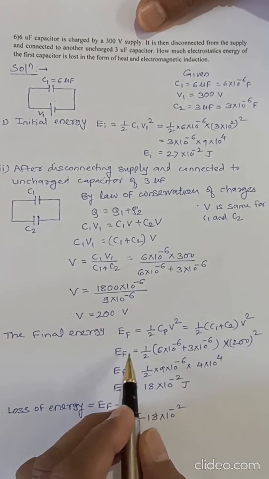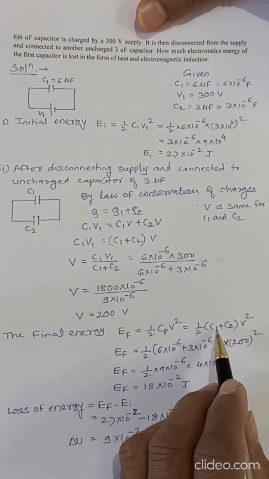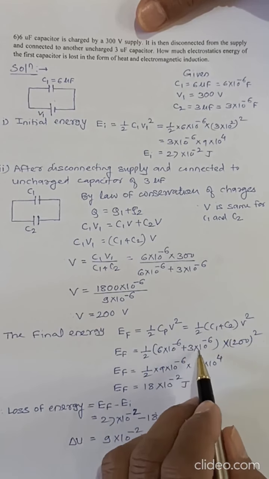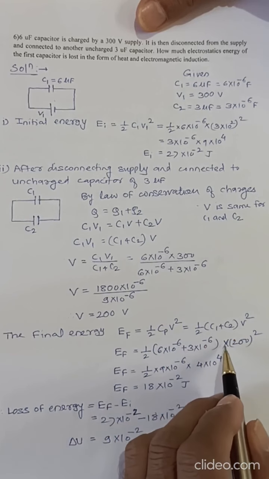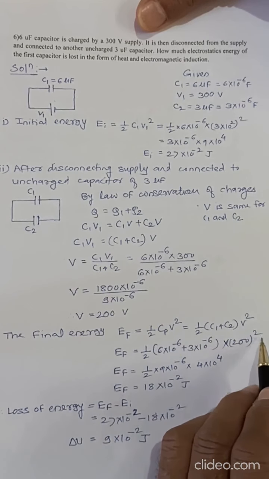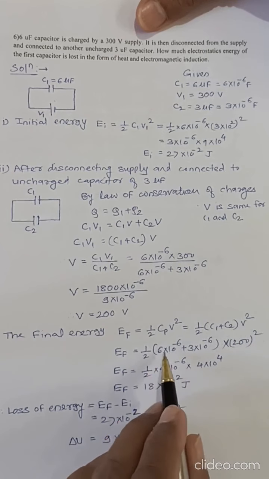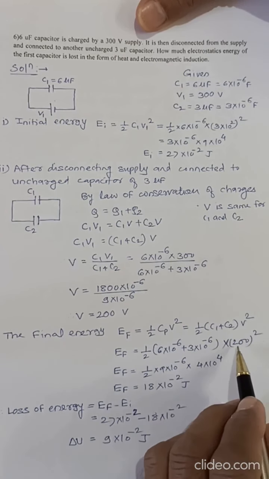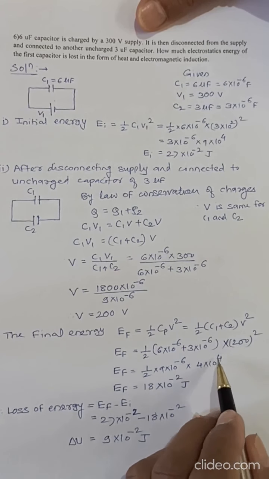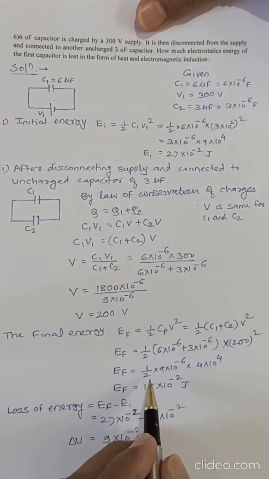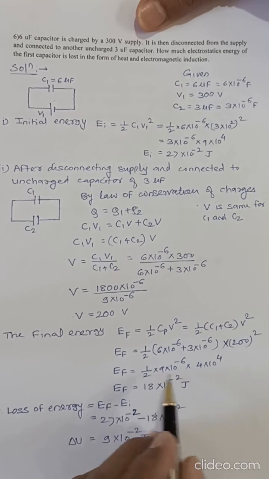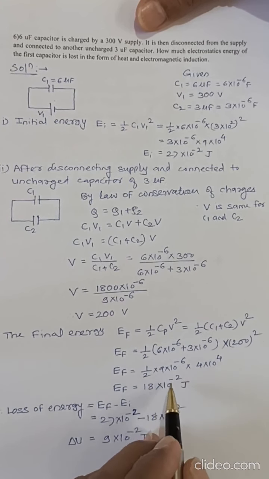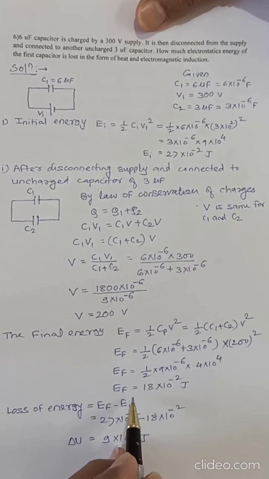So EF is equal to 1/2, put the value of C1, 6 into 10 raised to minus 6 plus 3 into 10 raised to minus 6 outside the bracket, 200 bracket square. So half, 6 plus 3 is 9 into 10 raised to minus 6 into 200 square means 4 into 10 raised to 4. So divide by 2, 4 by 2 is 2, 2 into 9, 18 into 10 raised to minus 2 joule. This is the final energy.